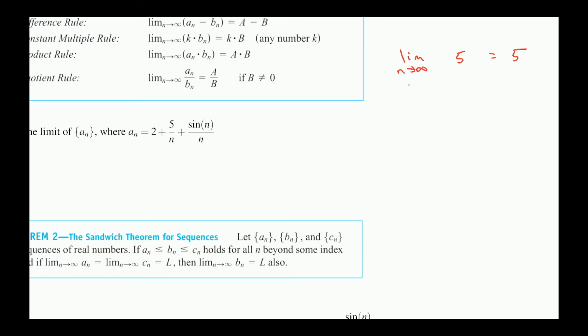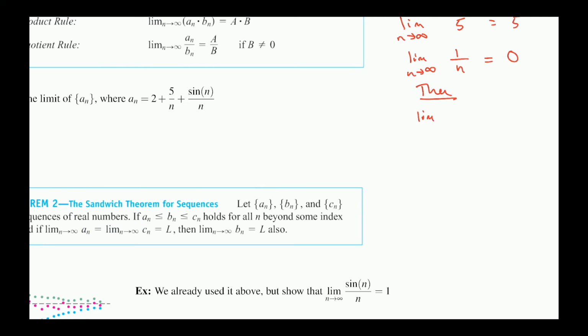And the limit as n goes to infinity of 1 over n, we already saw was 0, right? So if you know this, then what could you say?